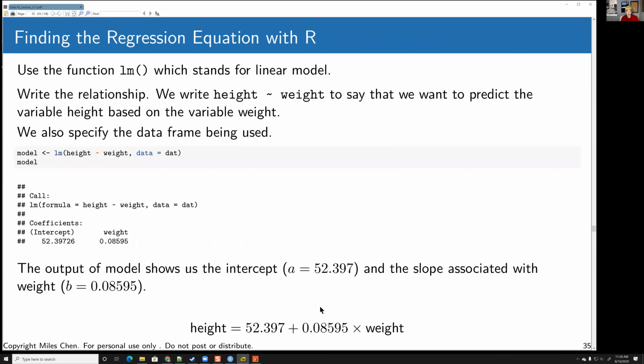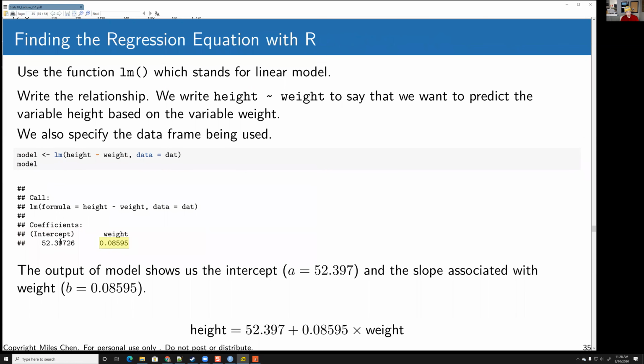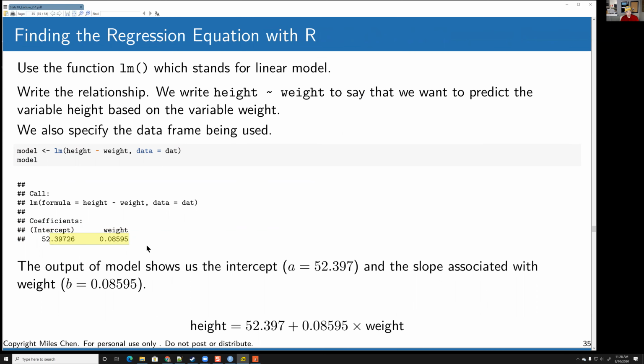You can create the linear regression with lm and create a model. And then when you ask what is the result of the model, it will spit out the calculation of the intercept and the calculation of the slope. And I just want to show you that these numbers you can find yourself, and you don't have to use lm to do this, okay?